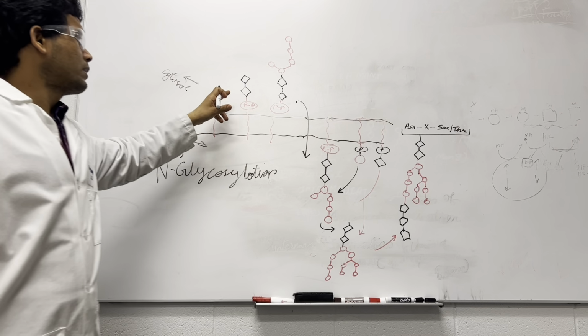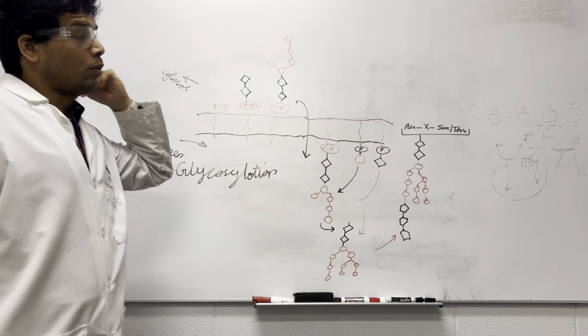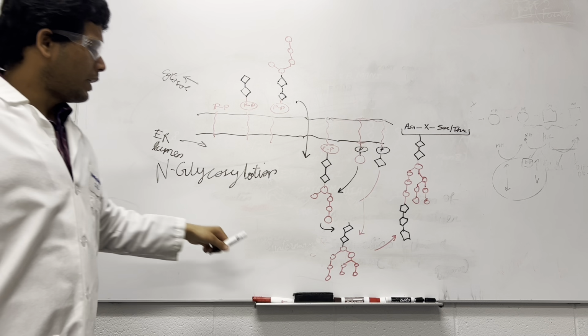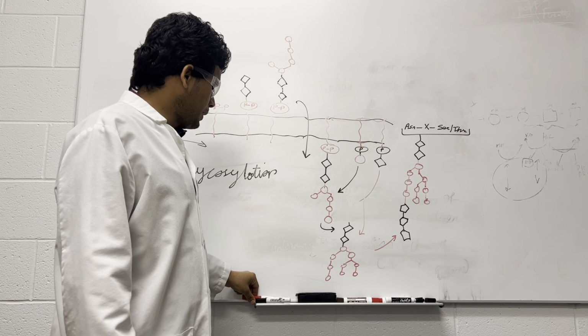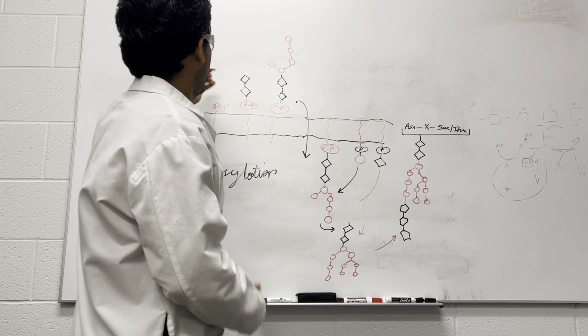on this Dolichol diphosphate hydrocarbon chain, 2 N-acetylglucosamine are added. It is usually added with the help of UDP, a nucleoside.